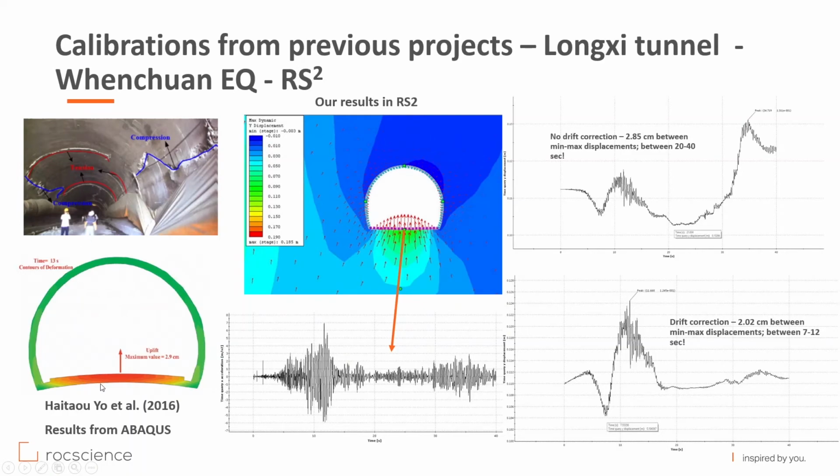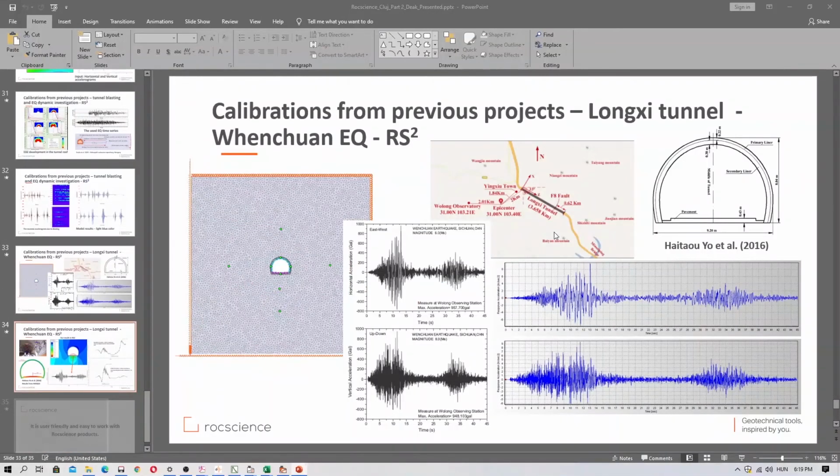In this model, you can see that in reality and also in the modeling, they had a 2.9 centimeter uplift at the time of 13 seconds. And let's see our model.